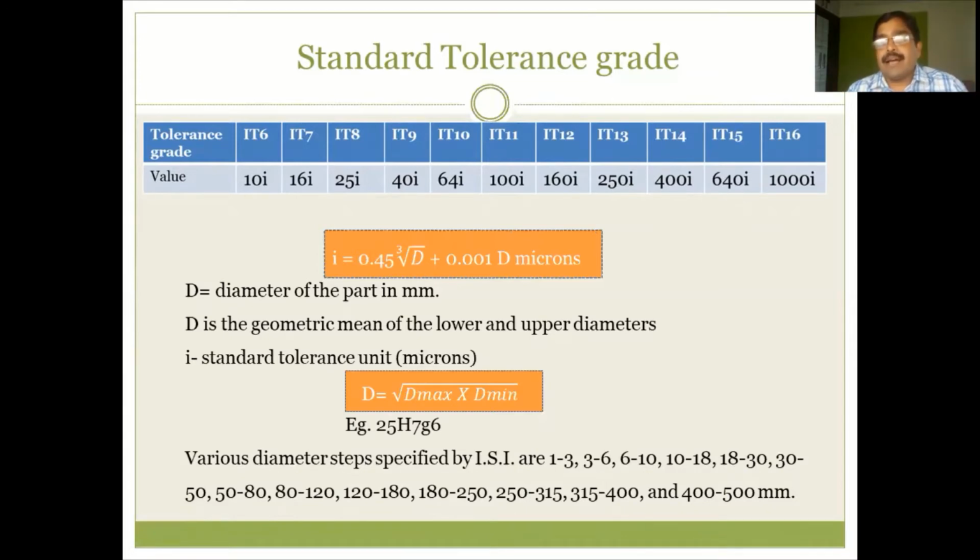As per the ISI, the diametrical steps have been divided like 1 to 3, 3 to 6, 6 to 10, 10 to 18, 18 to 30, like that, up to 500 mm. So 25 lies between 18 and 30. What is my maximum value? Maximum is 30. So 30 into 18, that will give the D, and that D is always in mm.